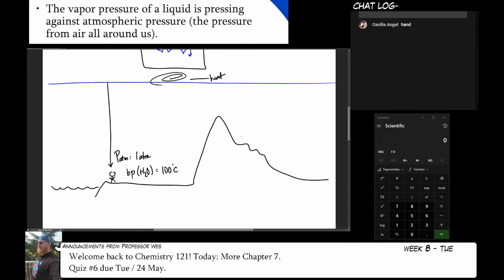But what if you live in Denver? I'm just going to make up a number here, but in Denver, the vapor pressure needed is less than this. So when you boil water, it boils at a lower temperature.